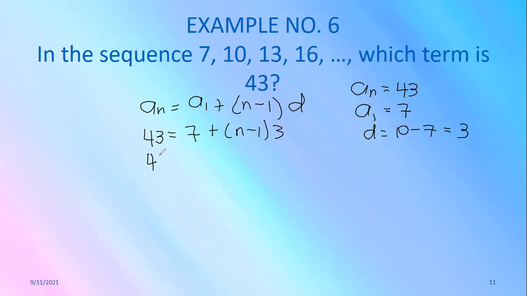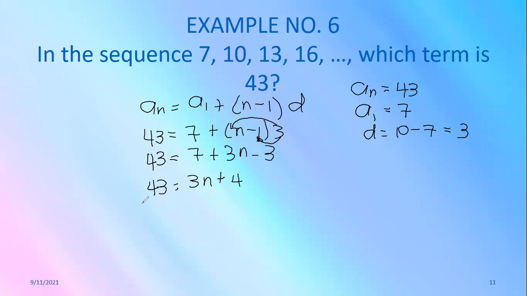So 43 equals 7. We distribute positive 3 multiplied by positive n, that's positive 3n. Positive 3 multiplied by negative 1 is negative 3. So 43 is equal to 3n plus 4.